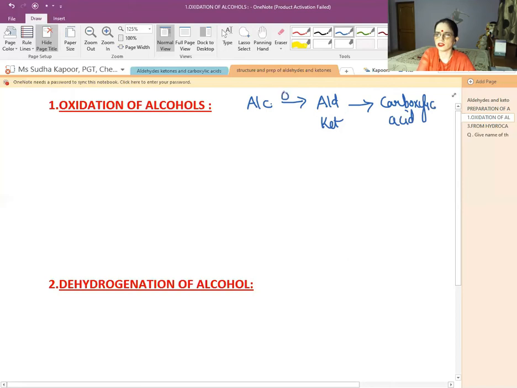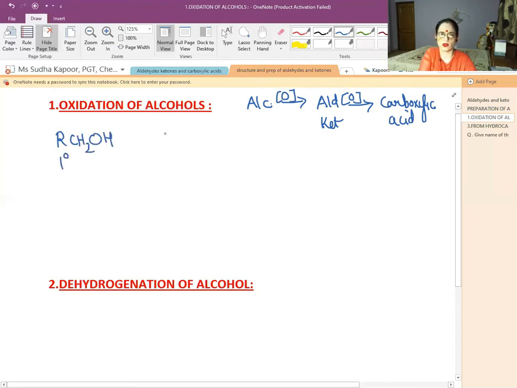So in general, the oxidation procedure follows this way, but alcohol to carboxylic acid can be done in a single step if we are using a very strong oxidizing agent. But this time we have to convert the alcohol into aldehyde or into ketone. So let us start with the case of 1 degree alcohol, that is RCH2OH.